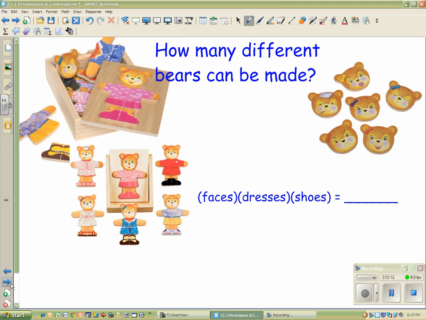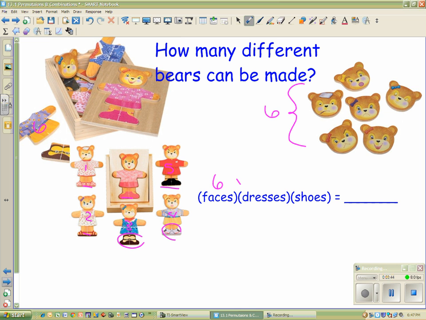So how many had one of these when they were kids? Those puzzle packs that had all these pieces that you could make these cute little bears. How many different bears could you make? It would keep a kid busy for a long time. I believe in these puzzle packs there were 6 faces that came with them. I think there were 6 different dresses or outfits, followed by 6 different shoes.